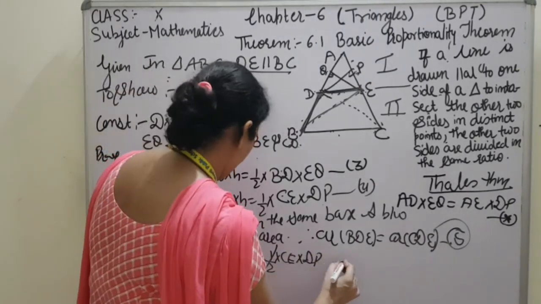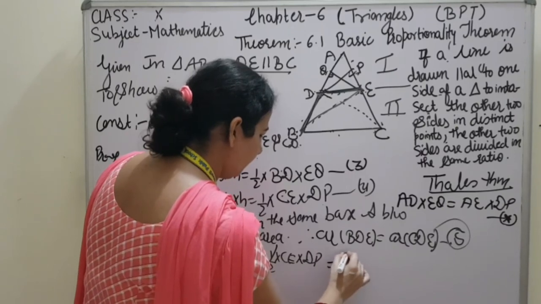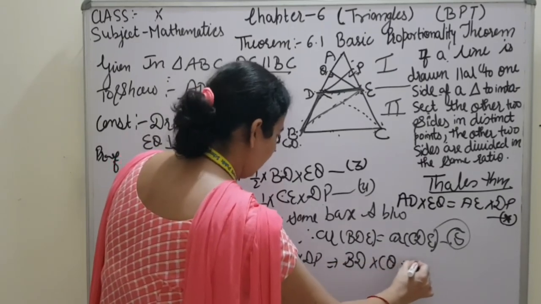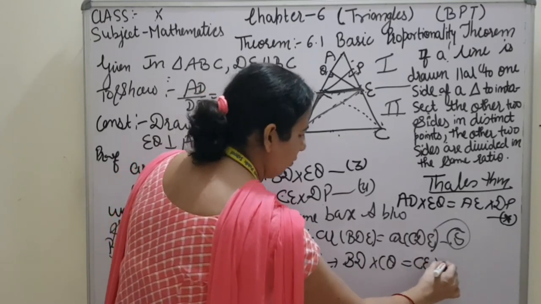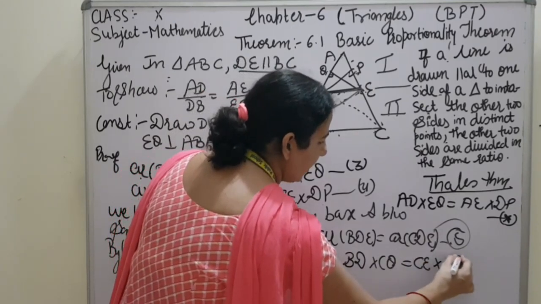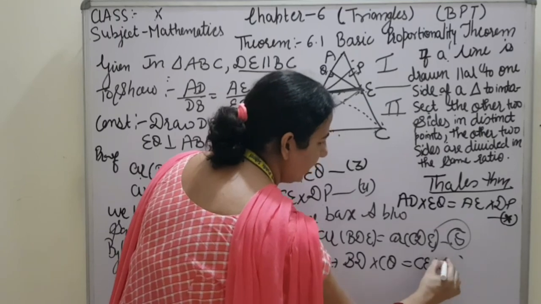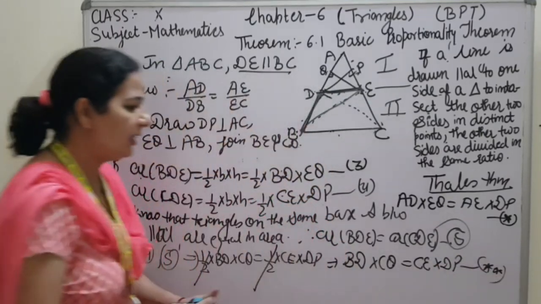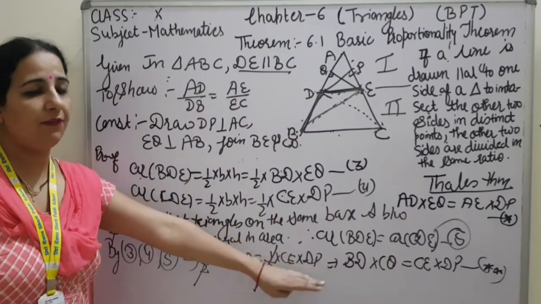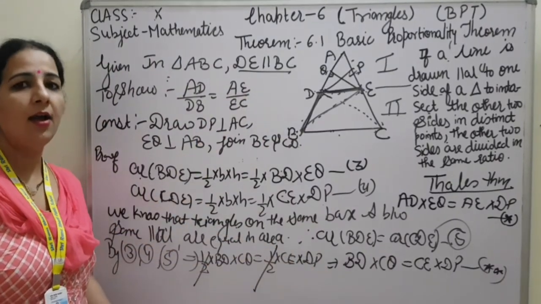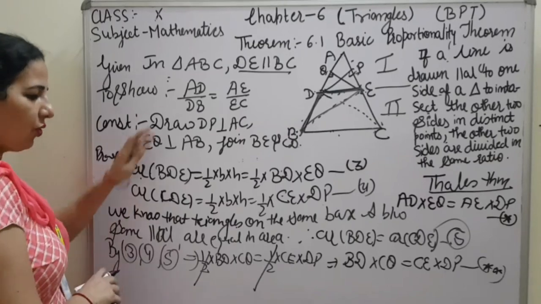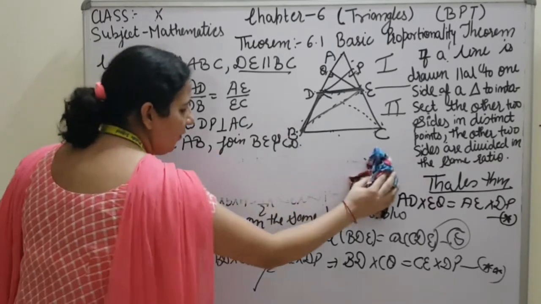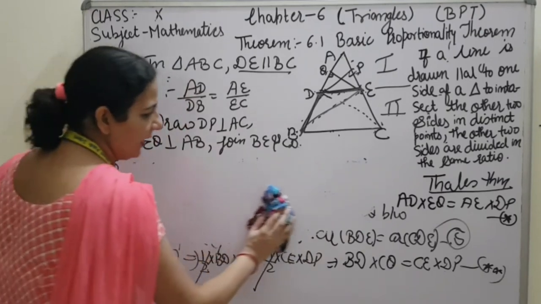So here we can write BD into EQ is equal to CE into DP. This is the double star. The reason is this is the second equation that we are going to use in the proof. Fine. So I am going to erase this portion.